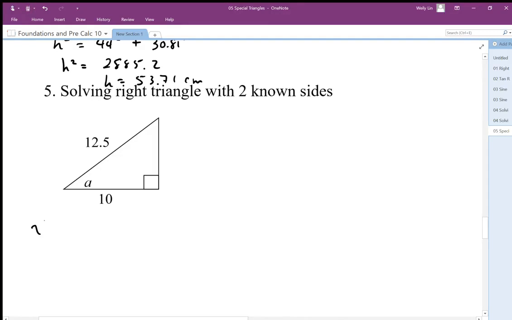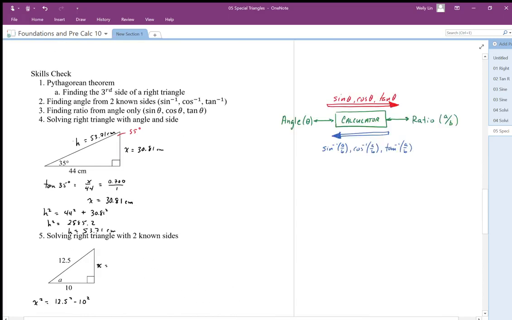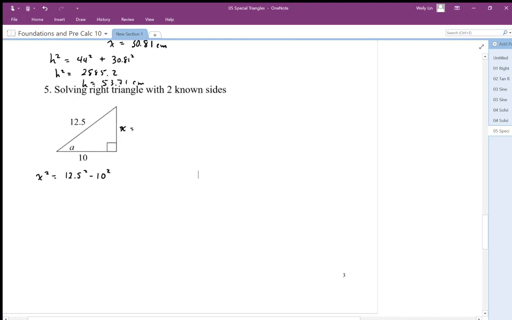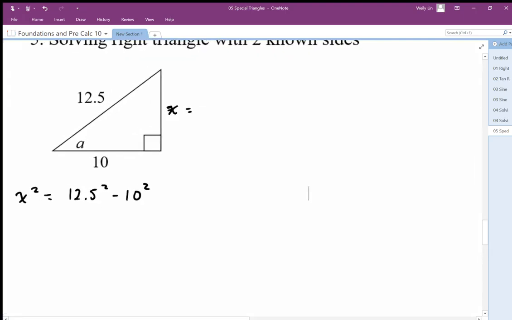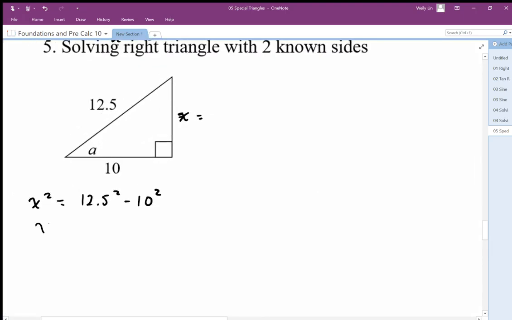I'm going to call that side x. I know that x is a shorter side, so I'm going to take the long side squared minus the shorter side squared and square root that. So I'm going to end up with x squared equals 12.5 squared minus 10 squared.